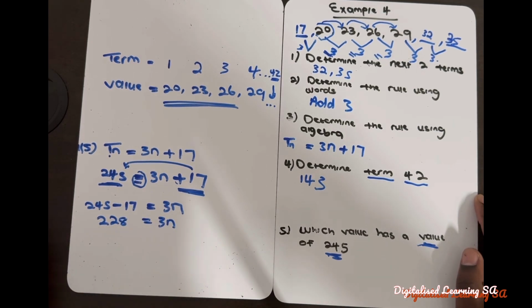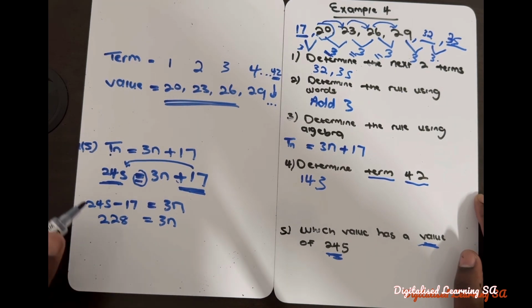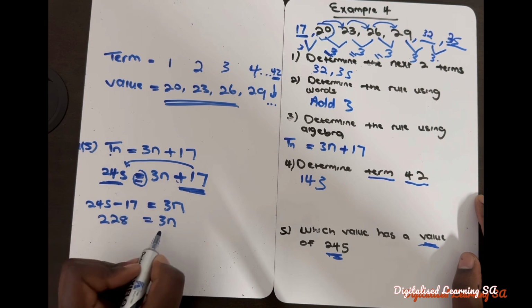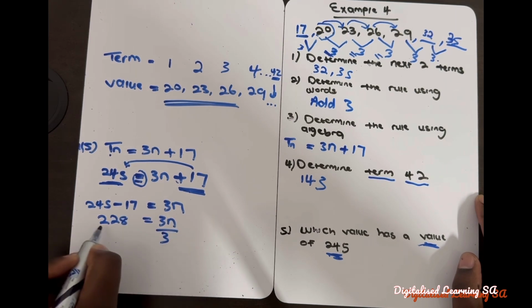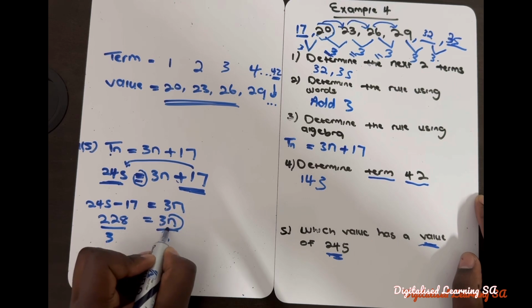3n. So now we have this n here, and we don't have it on the other side. So to cancel out this 3, we need to divide by 3 so that we remain with our n.